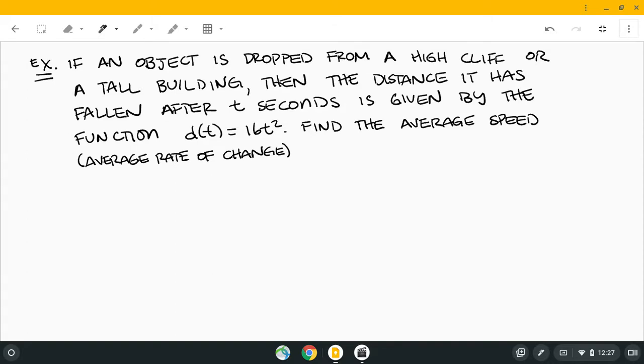Okay, so here, since we have this situation of this object being dropped, now we have some context. So we don't have to be general and say, find the average rate of change. We can be a little more specific with our language and say, find the average speed. Okay. So find the average speed over the following intervals.